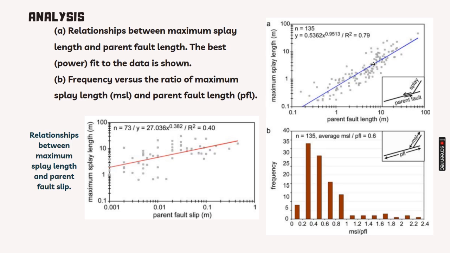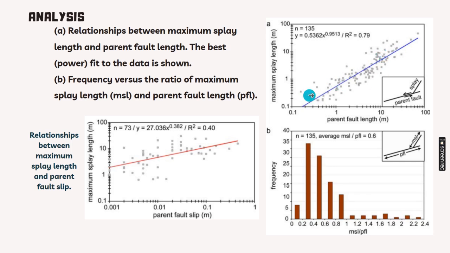You try to collect data from all the maximum possible big splay lengths. So try to note down the longest splay fault, and those splay faults you must compare with reference to the major fault.